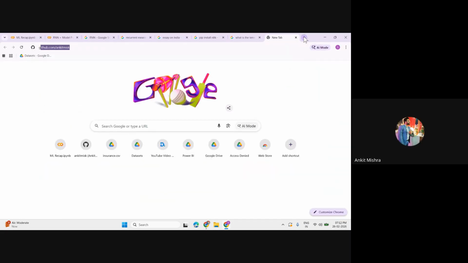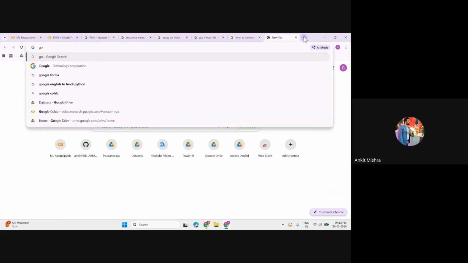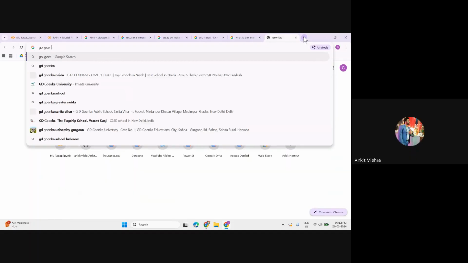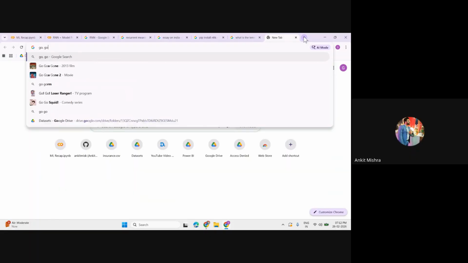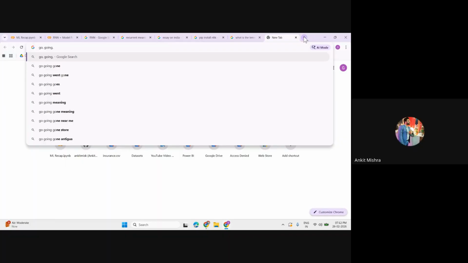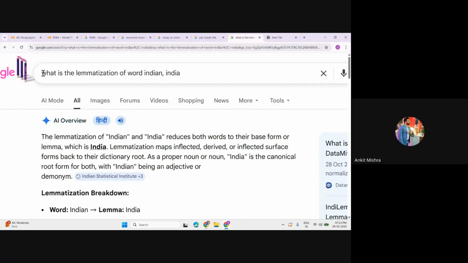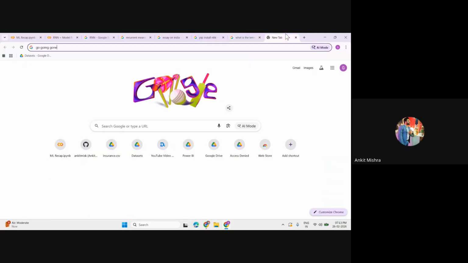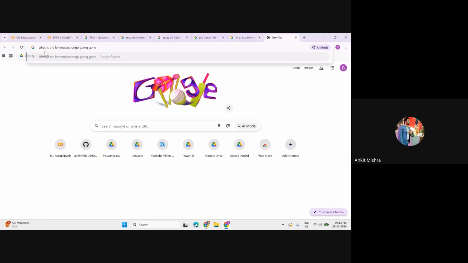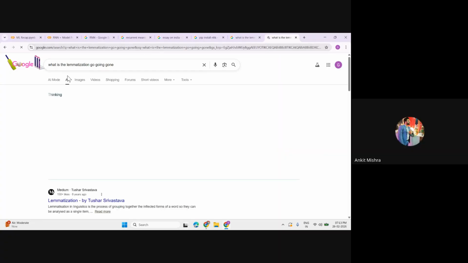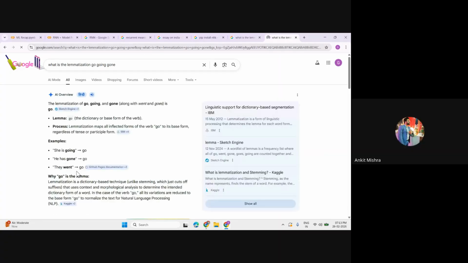Same as it is if you are getting data something like this: go, going, and gone. And you can again ask, what is the lemmatization of this word? So you know that these are different forms of verbs. So you can get the lemmatization word of this one: go, going, gone. We have the main word that is called go.